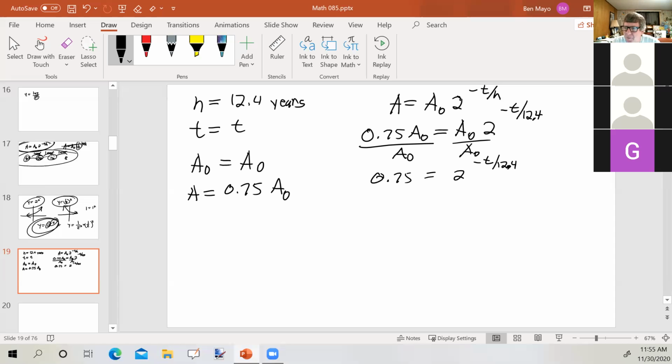I have an exponential equation. I'm trying to solve for the variable that's in the exponent. So I'm going to change this exponential equation into a logarithmic equation. So it's going to become log base 2 of 0.75 equals negative T divided by 12.4. See how that works?